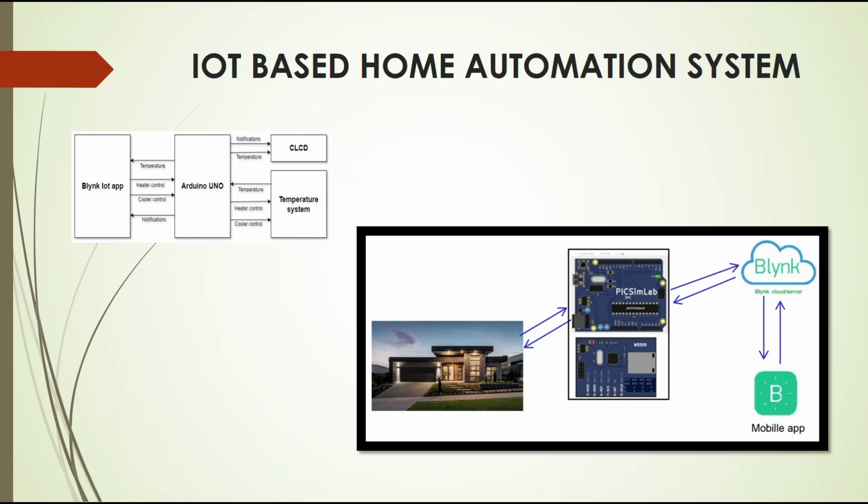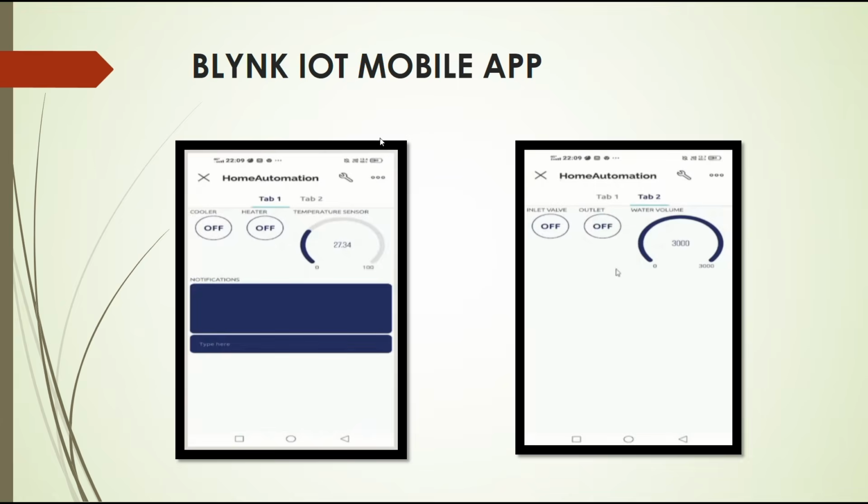When a button is pressed on the Blynk app, a signal is sent over the internet to the Arduino, which then activates or deactivates the appliances. This demonstrates how IoT brings automation, energy efficiency, and user comfort into modern homes.